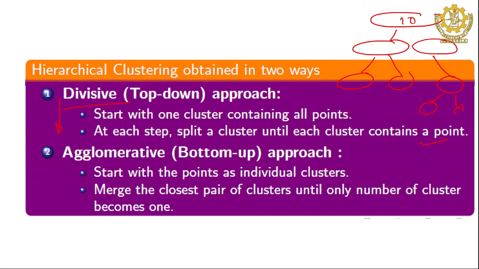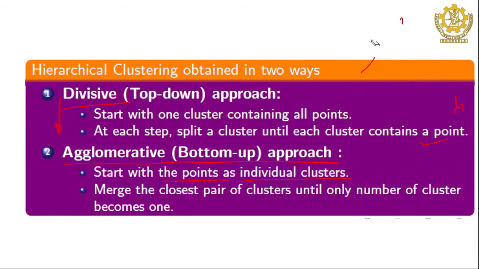Another approach, and that is the most popular approach, is called the agglomerative approach. What is that? Instead of considering the entire data set as a cluster, you consider that each point is a cluster. Okay. So, start with the points as individual clusters, and merge the closest pair of clusters until the number of clusters becomes 1. So, it is the other way around.